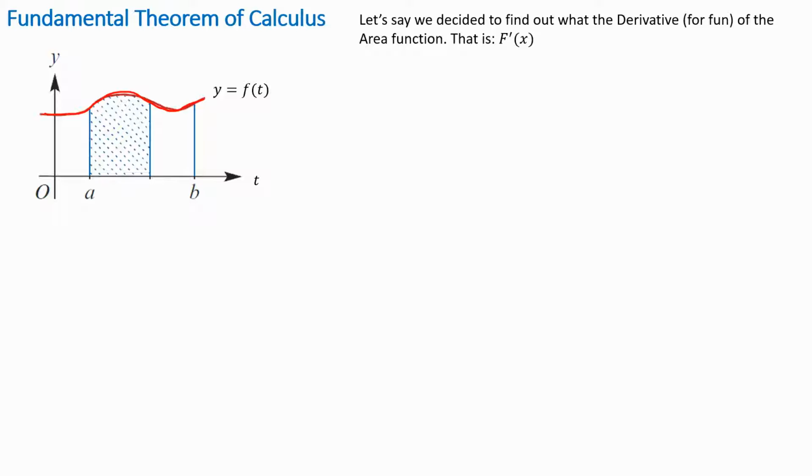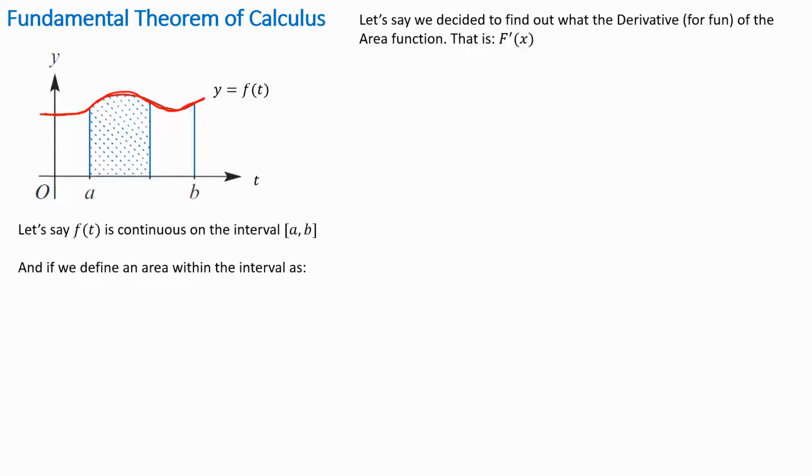Then, if we decide to find out the area, and we know it's a continuous function between a and b, I were to define the area within that interval. Let's say I've got a point x, and I'm going to call this area, because it's a function, right?